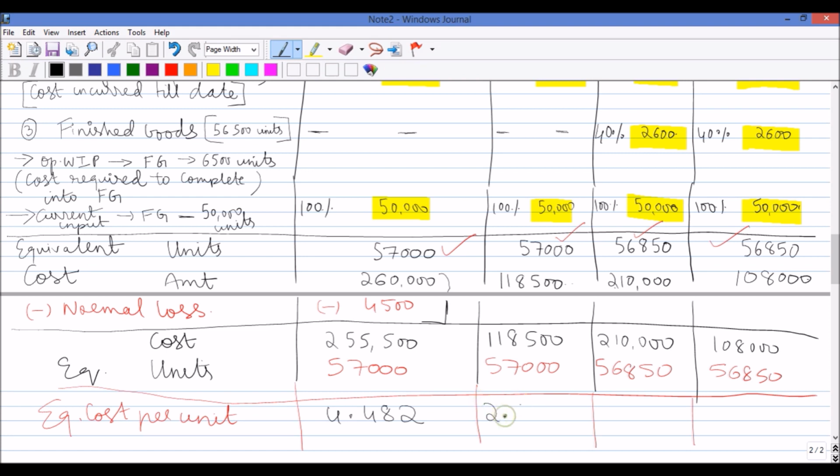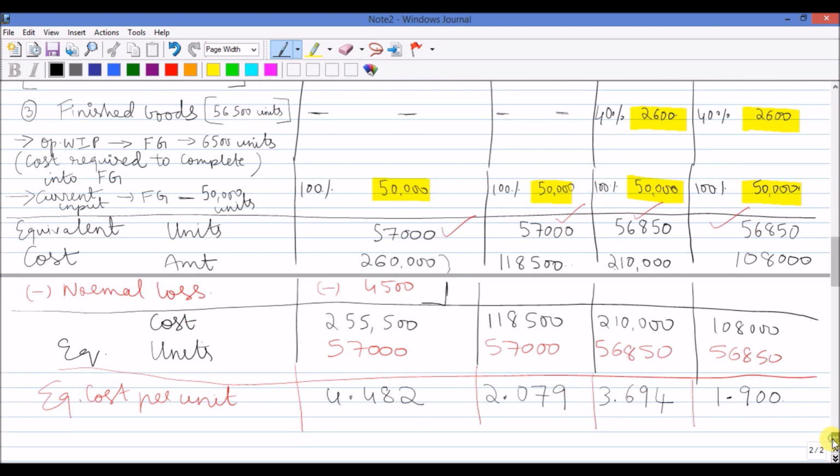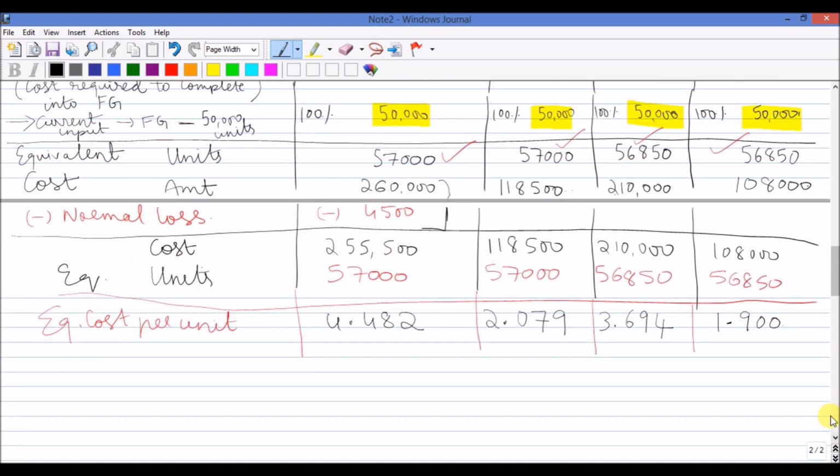So 2.079. 2,10,000 I am going to divide by 56,850. So I'm going to get 3.694. Okay. 1,08,000 I'm going to divide by 56,850. So I'm going to get 1.900, or 1.9 you can say. This is the equivalent cost.